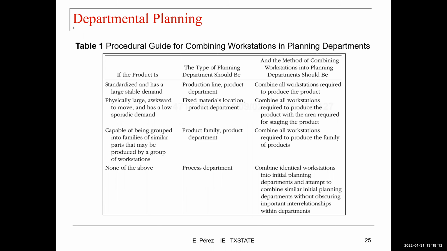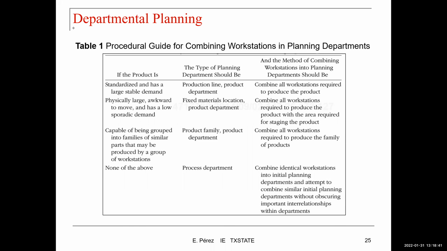If you have a product that is physically large, awkward to move, it has a low sporadic demand, let's say like a yacht, right, a boat. You have a fixed materials location, product department, combine all workstations required to produce the product with the area required for staging the product.